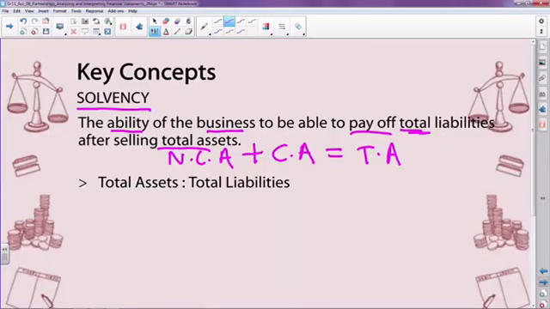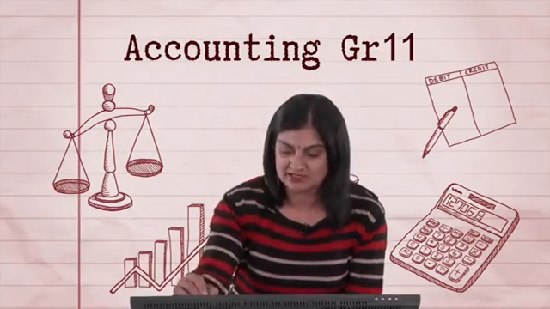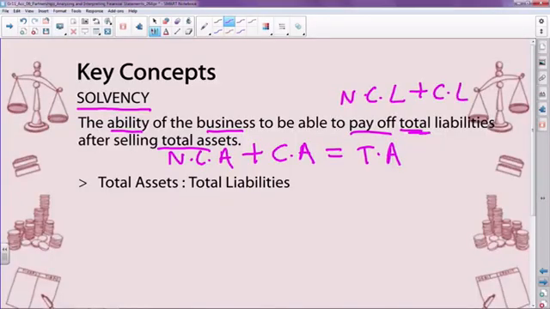Total liabilities refers to your non-current liabilities, which are long-term, plus your current liabilities, which are short-term.